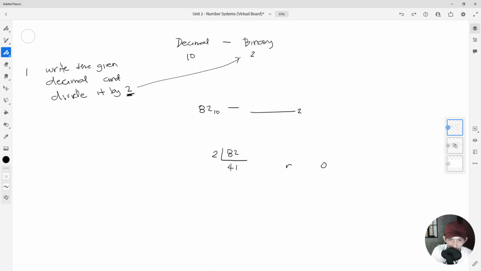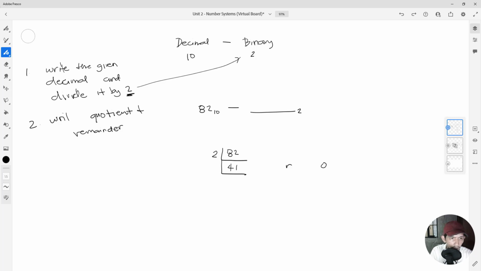Okay? And then, proceed tayo sa susunod. Ganun lang siya ulit, paulit-ulit lang siya. Write the given number and divide it by 2. Then, number 2, write the quotient and the remainder. And then, divide by 2 ulit.